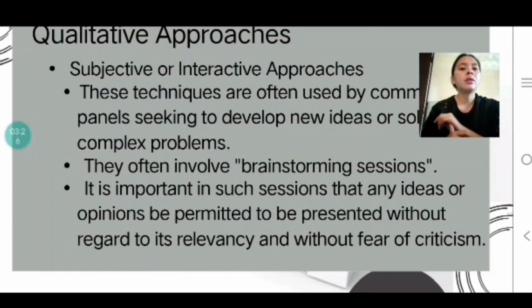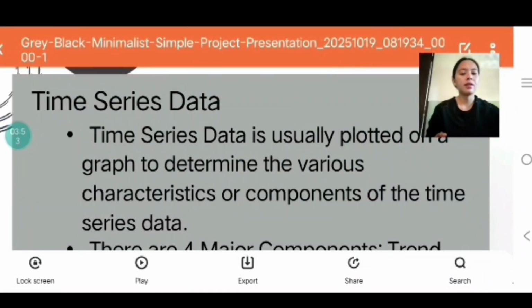And they often involve brainstorming sessions, and it is important in such sessions that any idea or opinions be permitted to be presented without regarding relevancy and without fear of criticism. And the quantitative involves collecting and analyzing numerical data to find patterns, test hypotheses, and make predictions.